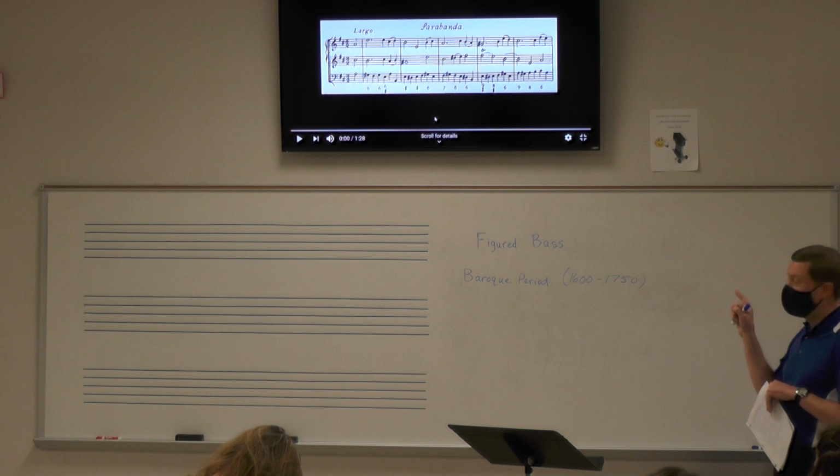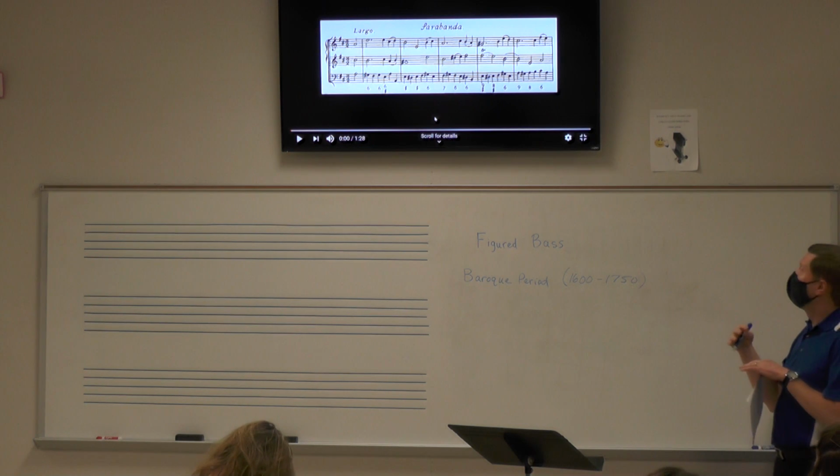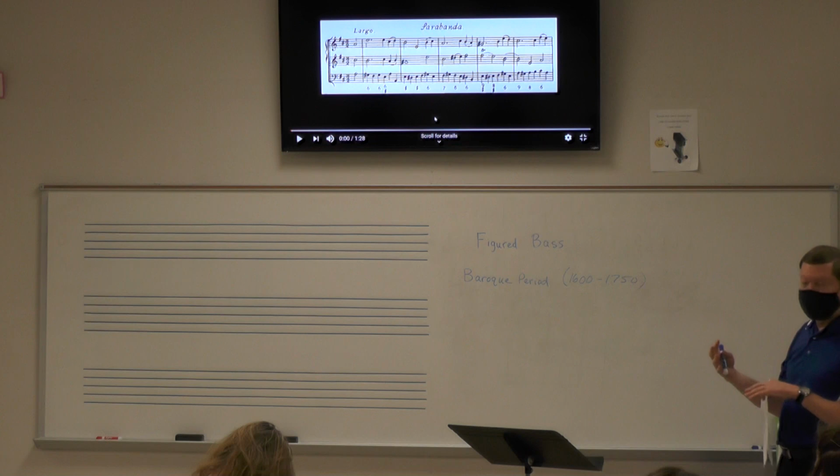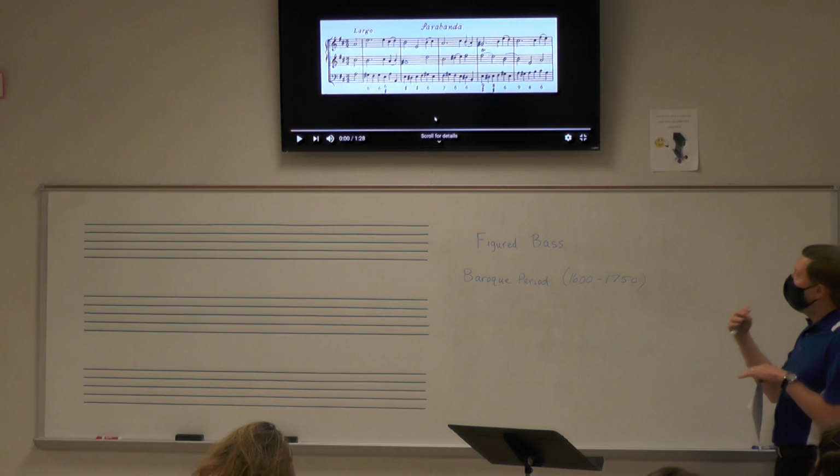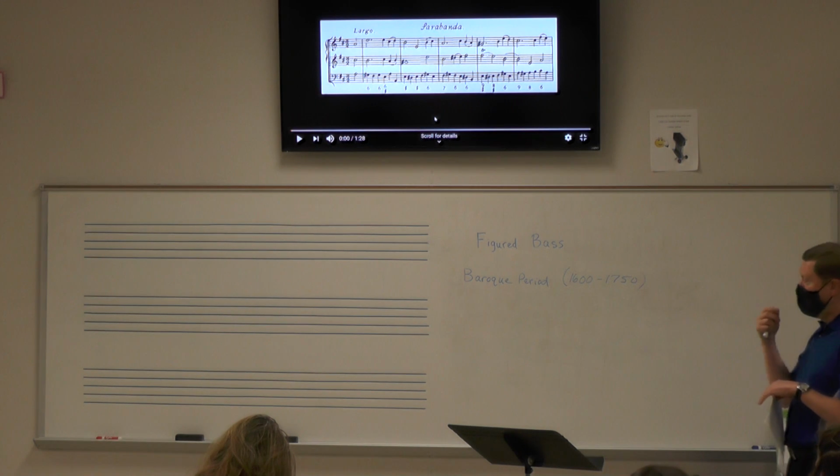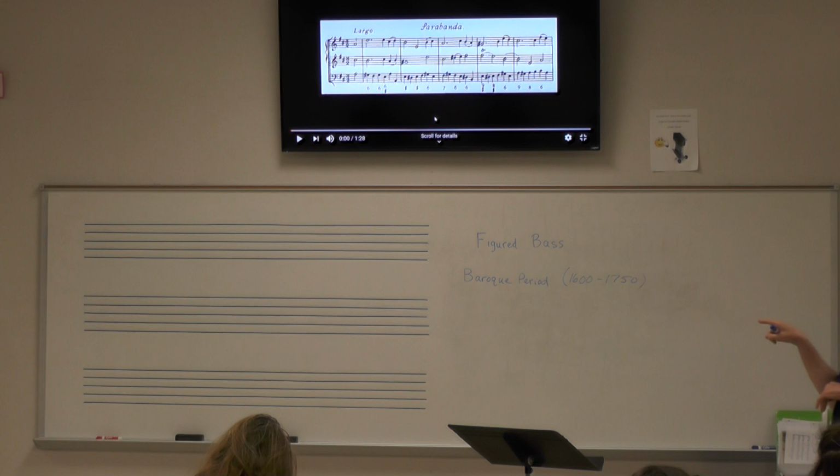So we can use that system to understand and realize full chords, full triads and seventh chords. And then after we fill in and realize all the notes of the triad or seventh chord, we can go back and look at the chord with 21st century eyes, and we can identify it as major, minor, what inversion it's in, all that kind of thing.